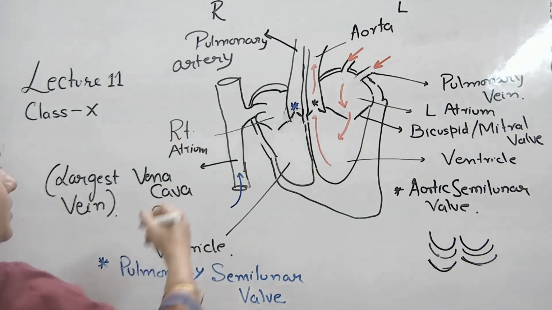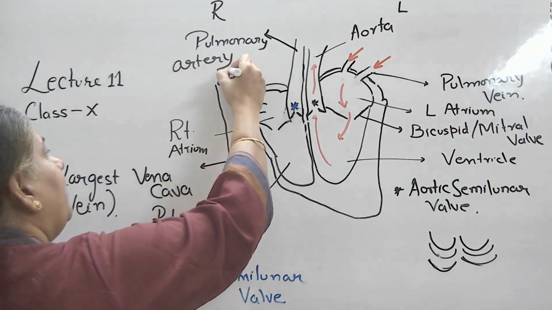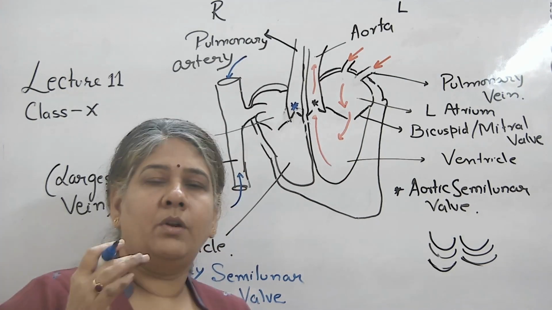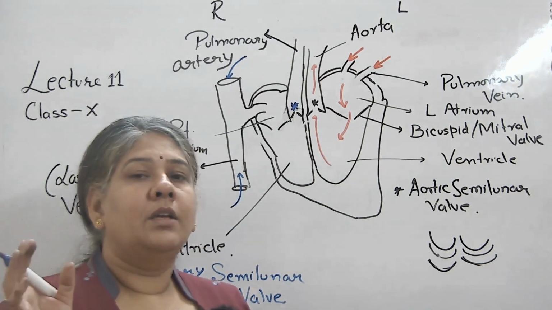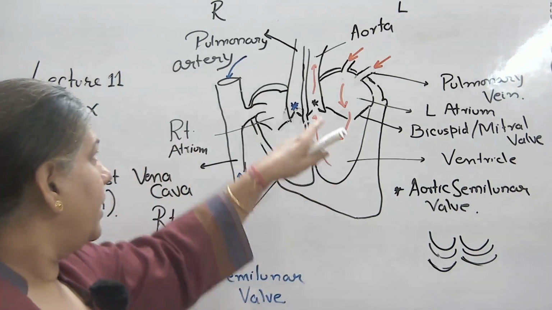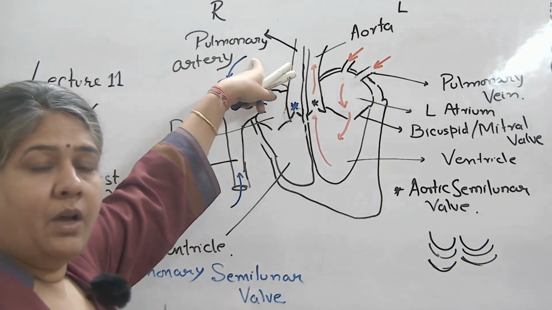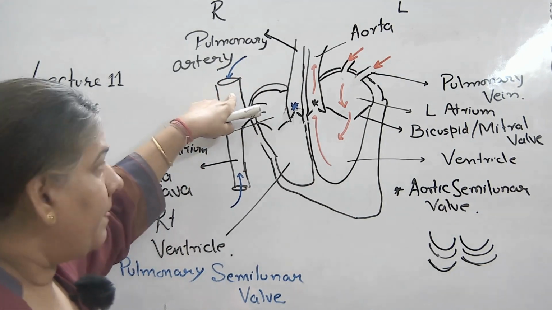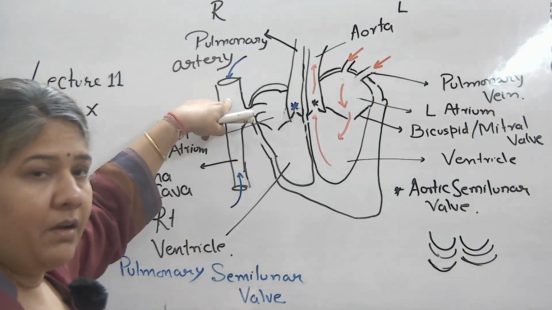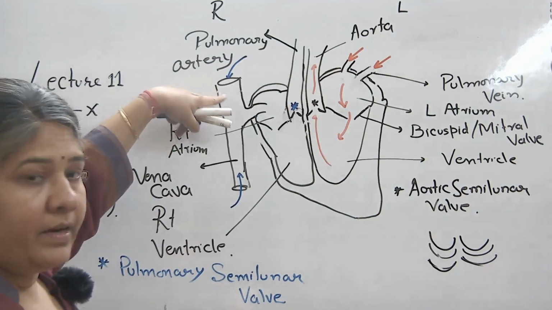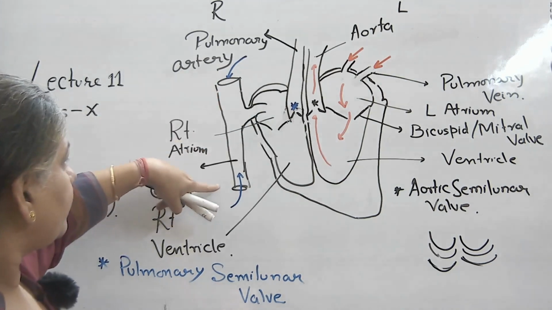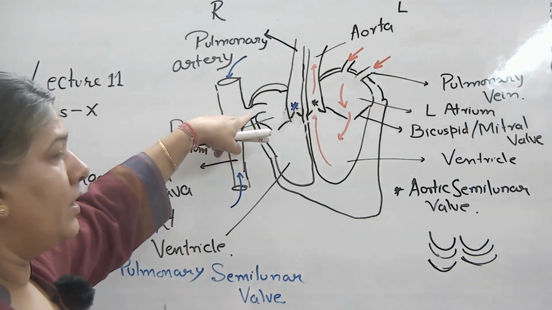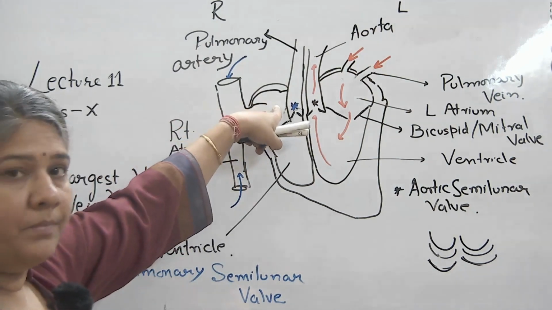And the blood which is coming from the upper part of the body, that is heart, your brain, chest, arms, shoulder region, enters the anterior vena cava or the superior vena cava, and both the anterior vena cava and the posterior vena cava join and enter the right atrium.